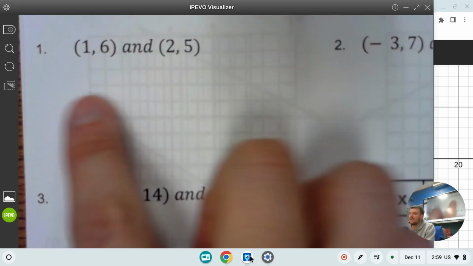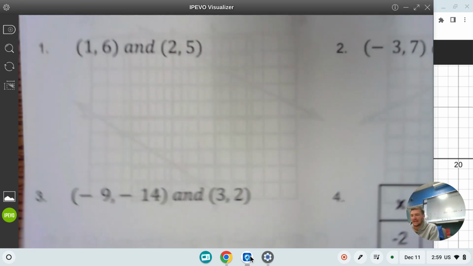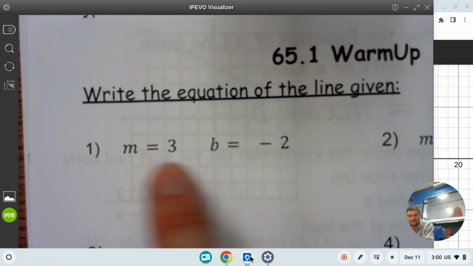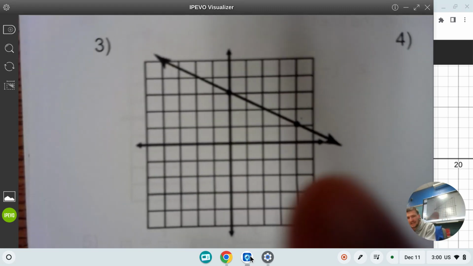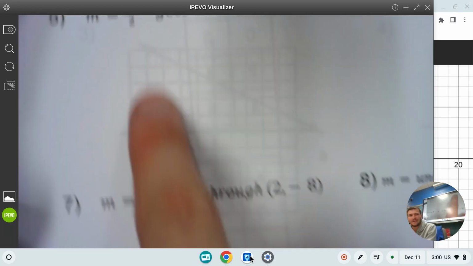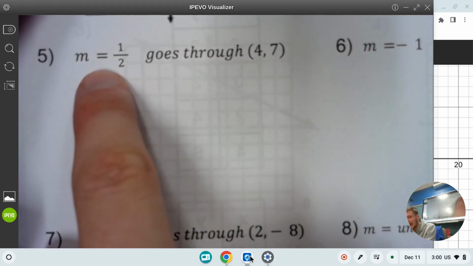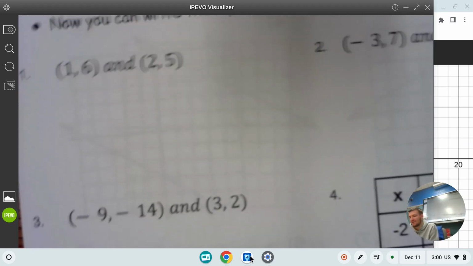Now, we've solved questions. We can write the entire equation if they give us both m and b. We can write the entire equation if they show us a picture. We can write the entire equation if they give us the m and 1 coordinate. So here's the final level.